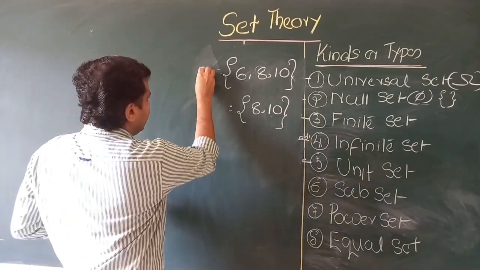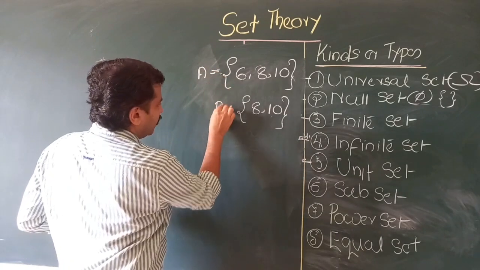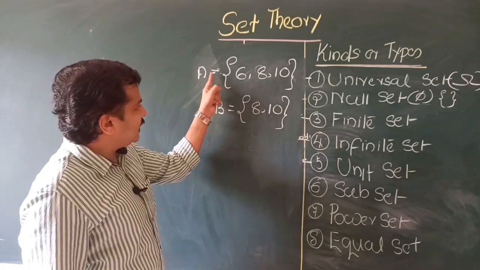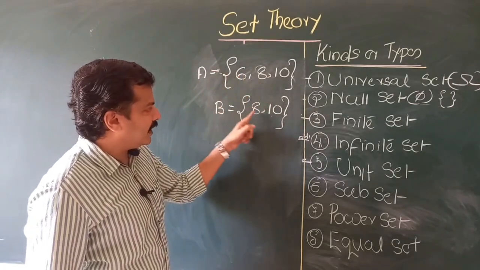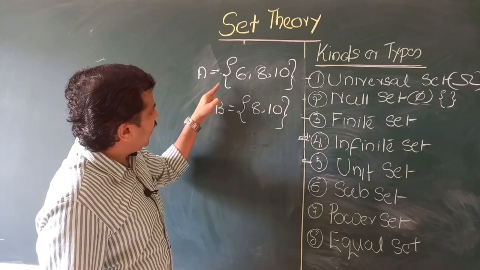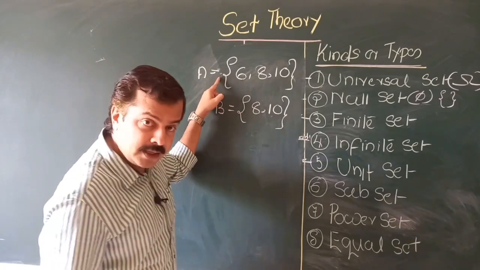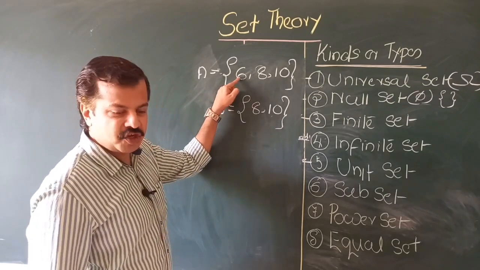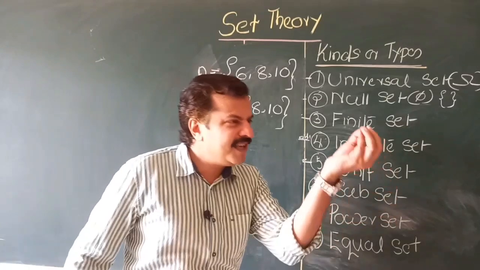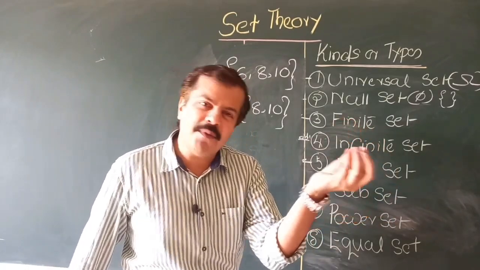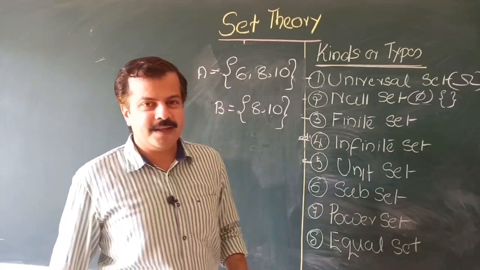Or let me put the names in a bit different way to make things more clear. This is a set A, and this is set B. Set A consists of 3 elements, set B consists of 8, 10. Now we can say that B is a subset of A. Why? Because all the elements of B are there in the set A. A is a big set and B is a set constituted by using some of the elements of A. Right?